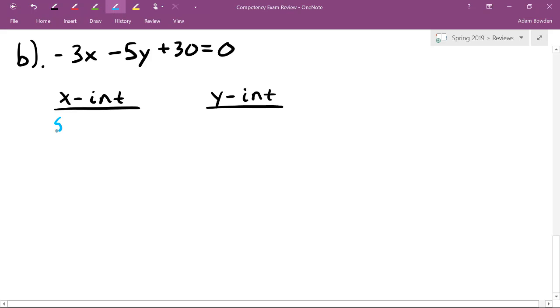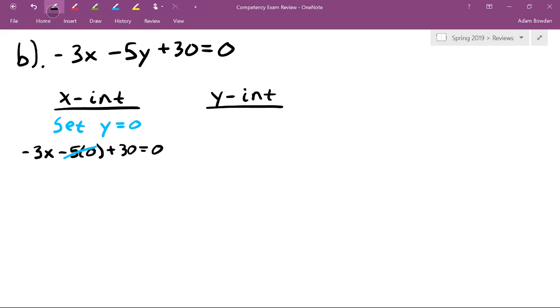So as before, for the x-intercept, we set y equal to 0 to solve for x. That's going to look like negative 3x minus 5 times 0 plus 30 equal to 0. And that zeroes out this part, giving us negative 3x plus 30 equal to 0.